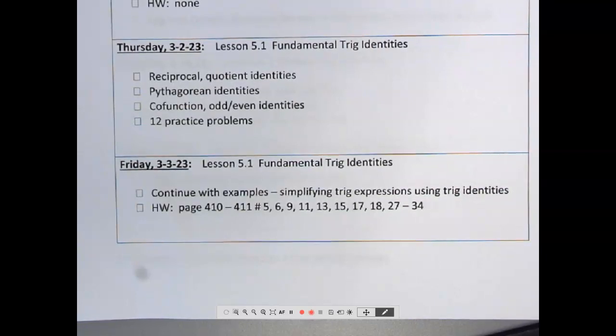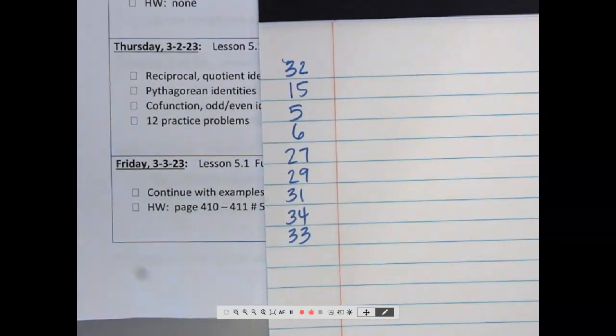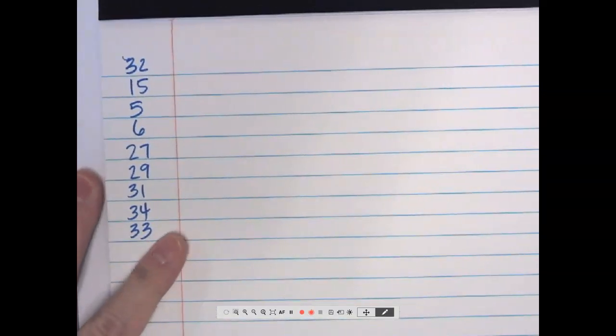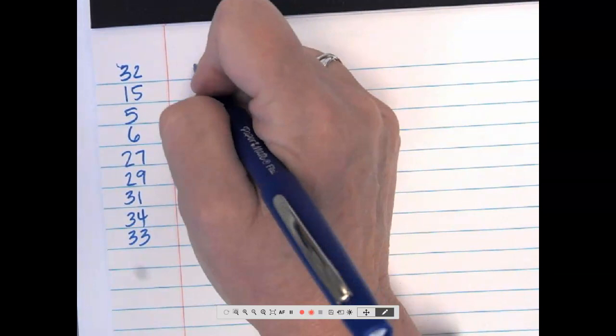Baden. 27 and 29. 32. Got that one. 34. 31, 34. Okay, these are the ones I have. Not every single, but a good many. Okay, all right, well, let's start chipping away at these, and then we'll look at the ones from Monday.